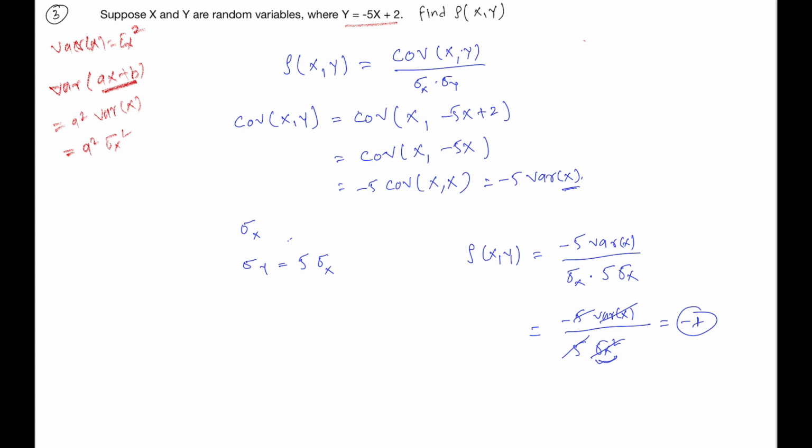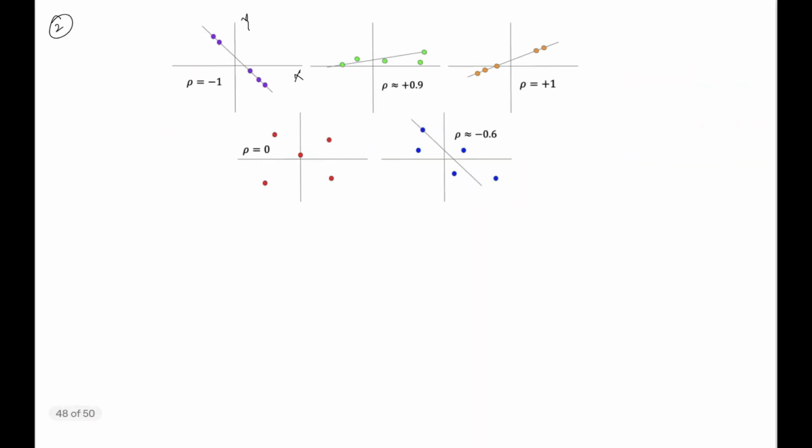You could have directly seen this: y is a linear function of this random variable x. So the relation between x and y is linear, and it is in the opposite direction. You can just simply look at the slope. Slope is negative. That means x and y are in linear relationship with opposite direction, right?